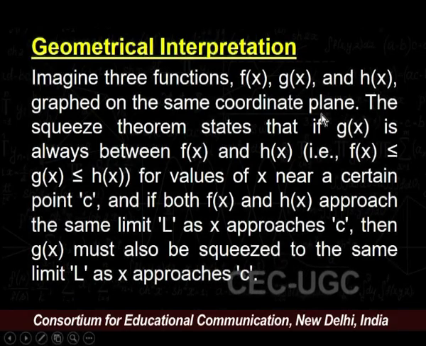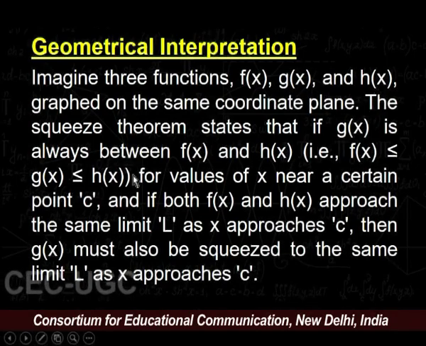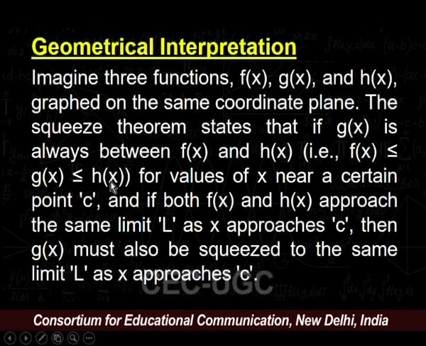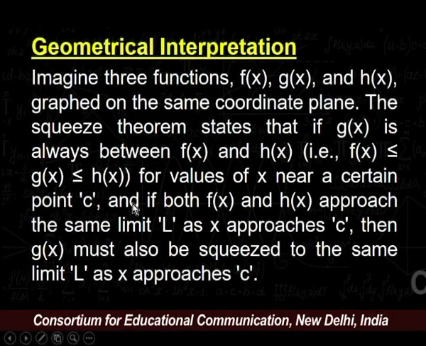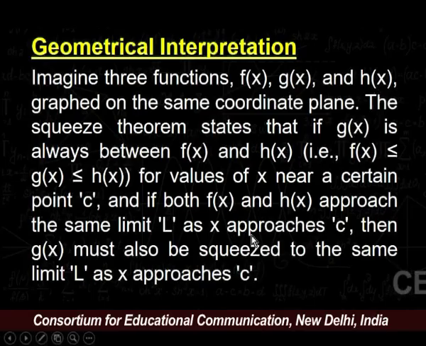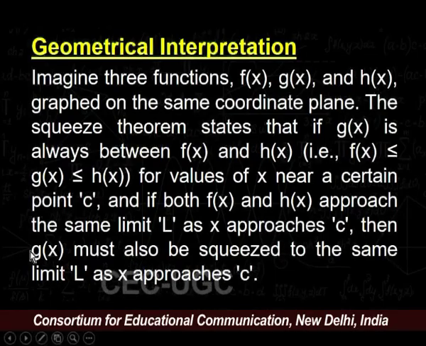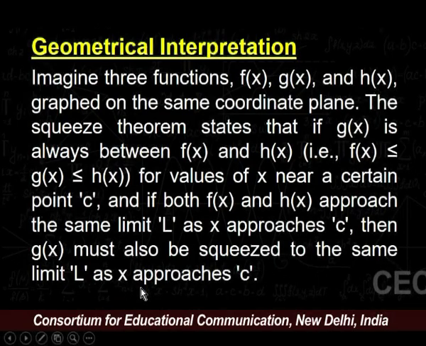The squeeze theorem states that if g of x is always between f of x and h of x, that is f of x is less than or equal to g of x and g of x is less than or equal to h of x for values of x near a certain point c, and if both f of x and h of x approach the same limit L as x approaches c, then g of x must also be squeezed to the same limit L as x approaches c.